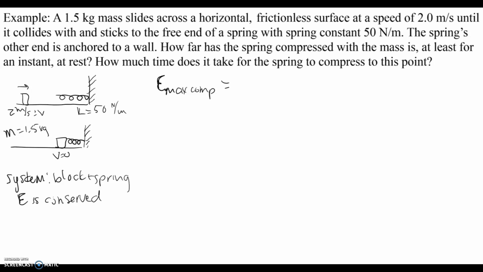That's interesting, because when the block hits the spring, the spring's in its relaxed state. It's at the equilibrium position. That's when speed is at its maximum value and there's no potential energy. So let's set that equal to the energy at equilibrium.